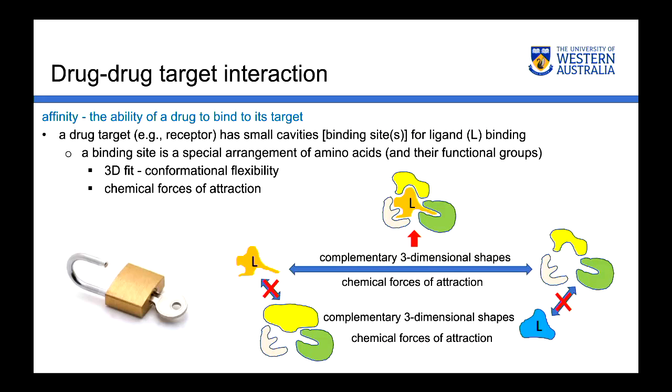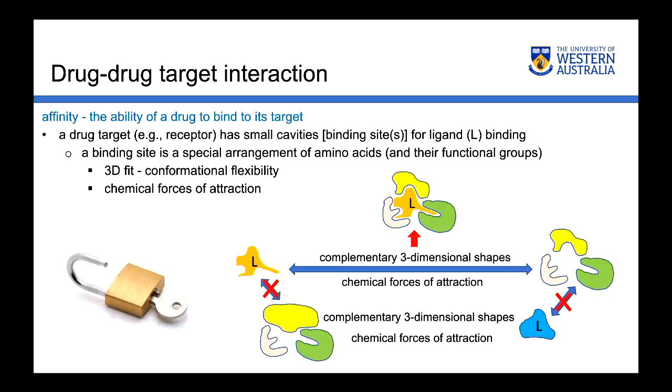So when we talk about a target and the binding, we describe that a target, whether it's a receptor or enzyme, has small cavities, known as binding sites, that can accommodate a ligand, so a drug for example. And this binding site is the result of a specific arrangement of amino acids, including their functional groups.